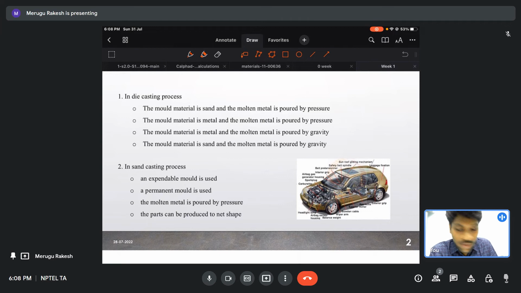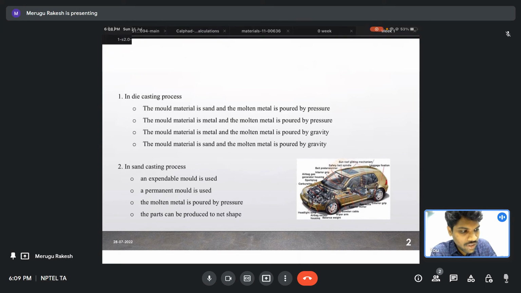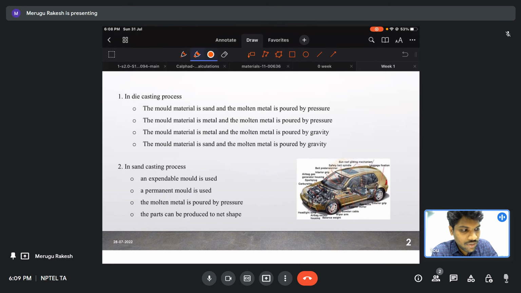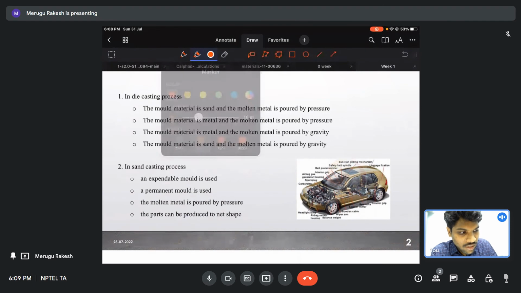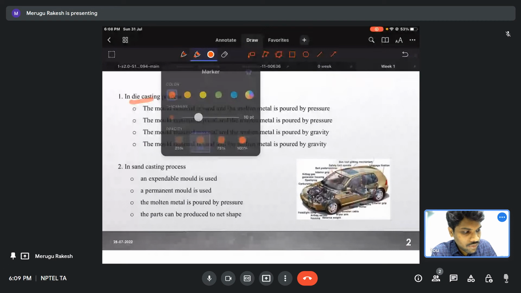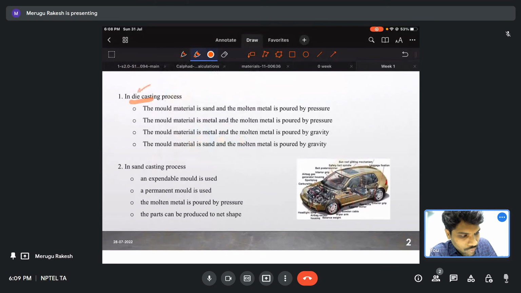You have already seen in the lectures that the die casting process is mainly used for low melting point metals, and we directly use metal as the material for the mold.